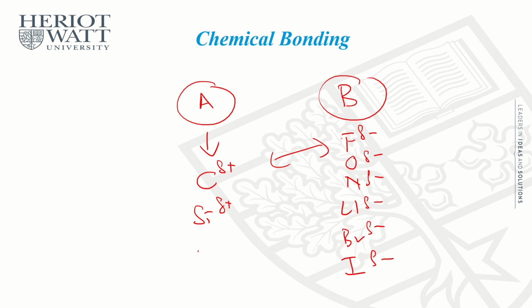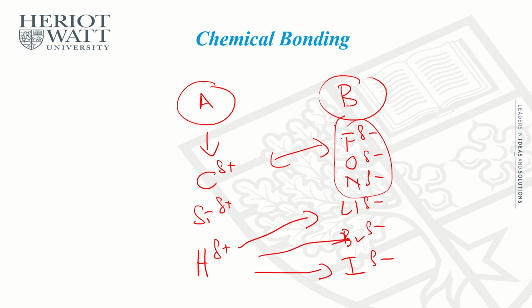Because if hydrogen delta plus were to be in one of the molecules, it still can form dipole-dipole, but this hydrogen is only meant for Cl, Br, and I, not for FON. If hydrogen plus with FON, then it will be hydrogen bond, not dipole-dipole. You get what I mean? So as long as between hydrogen plus with FON, they are forming hydrogen bond, other than that, they are forming dipole-dipole, if the molecule is polar.